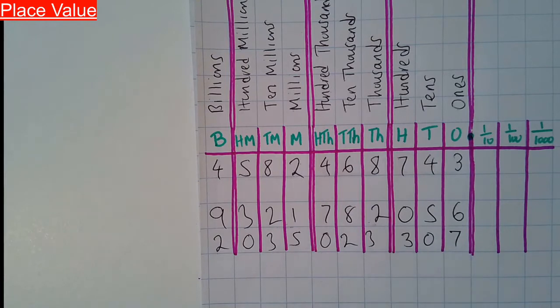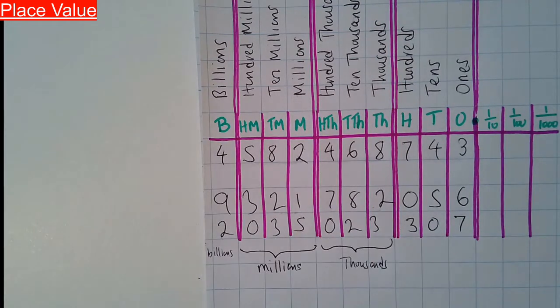It might be easy to look at it like this. So this one again, 2 billion. That reads 35,023,307.